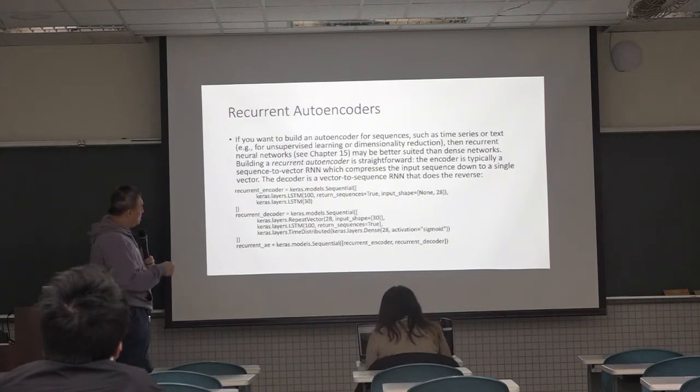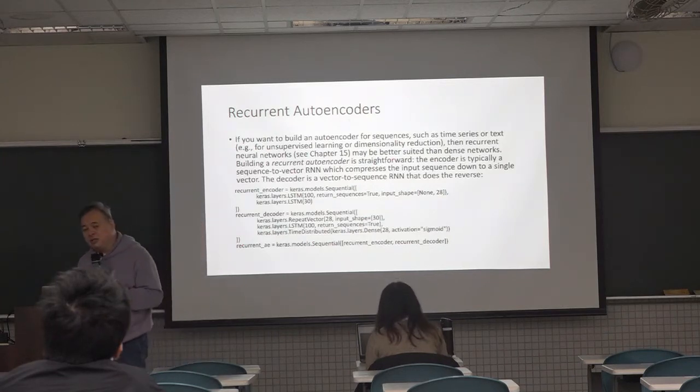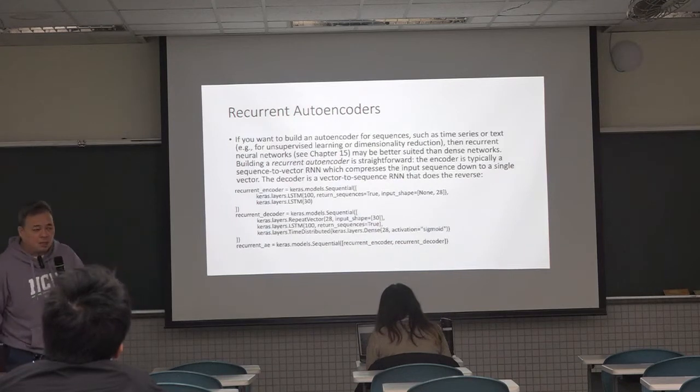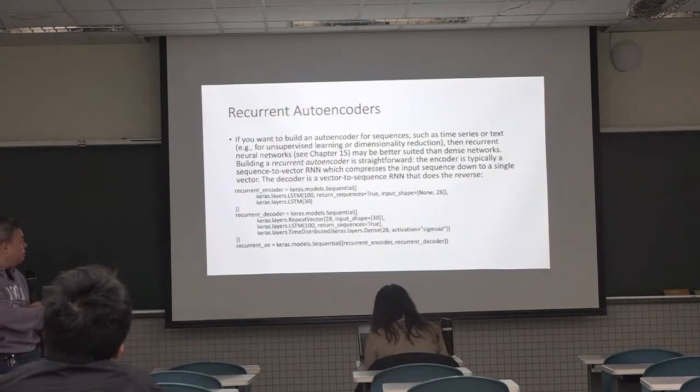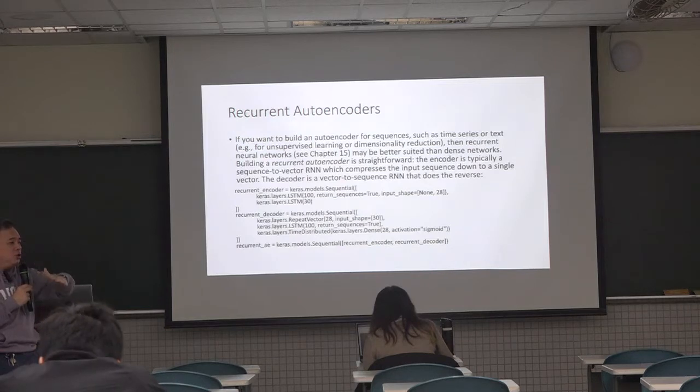By the way, in this example we are still talking about the Fashion MNIST data set. Remember, Fashion MNIST is 28 by 28, so we treat that 28 by 28 picture as 28 one-dimensional sequences.